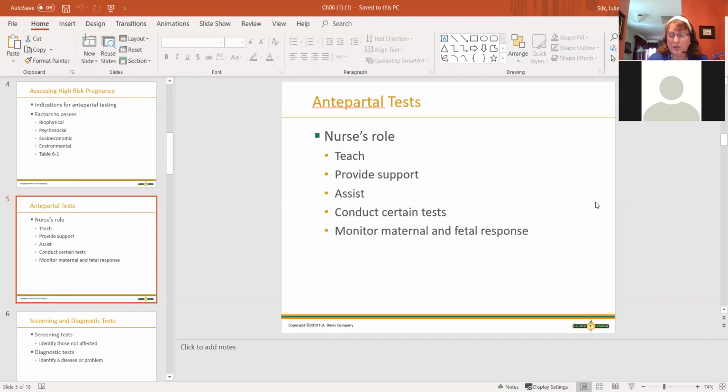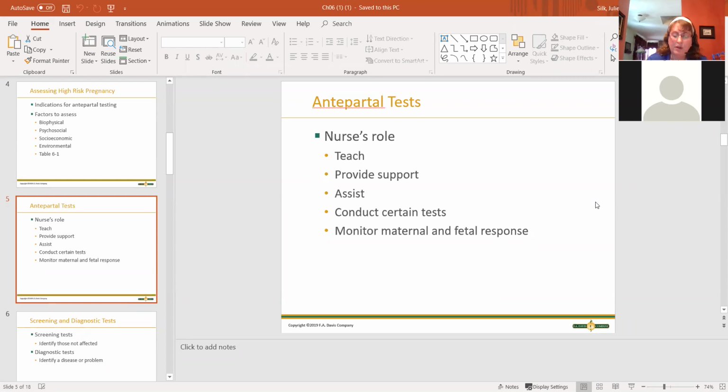We want to explain what the test measures, encourage her to ask questions during everything, and then foster open communication between the patient and the provider. And then, if they have further questions and they're trying to decide if they want to have one of these tests, then maybe you give them some kind of online resources for further information. So those are some of the things that we would teach.